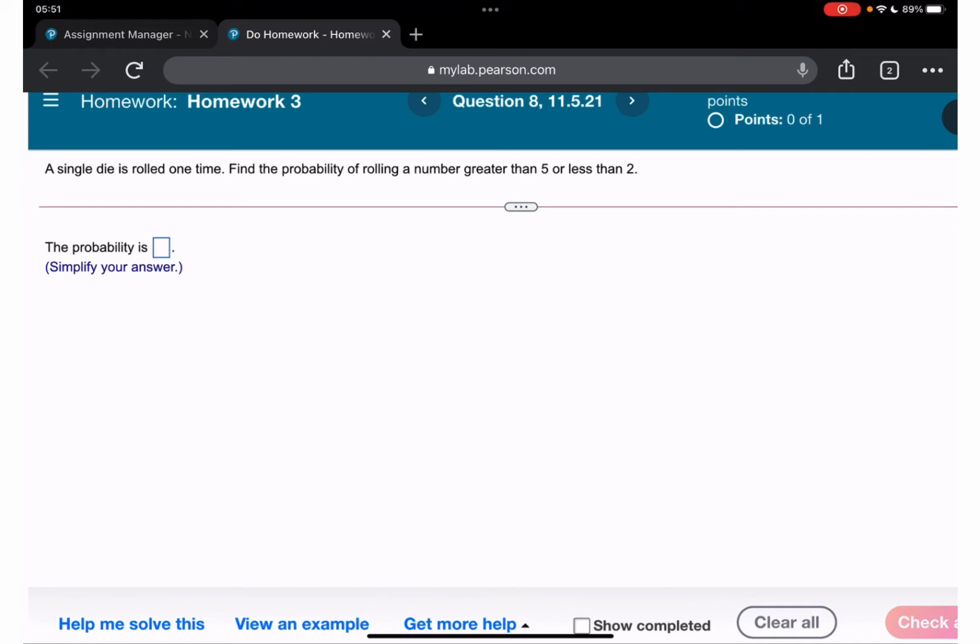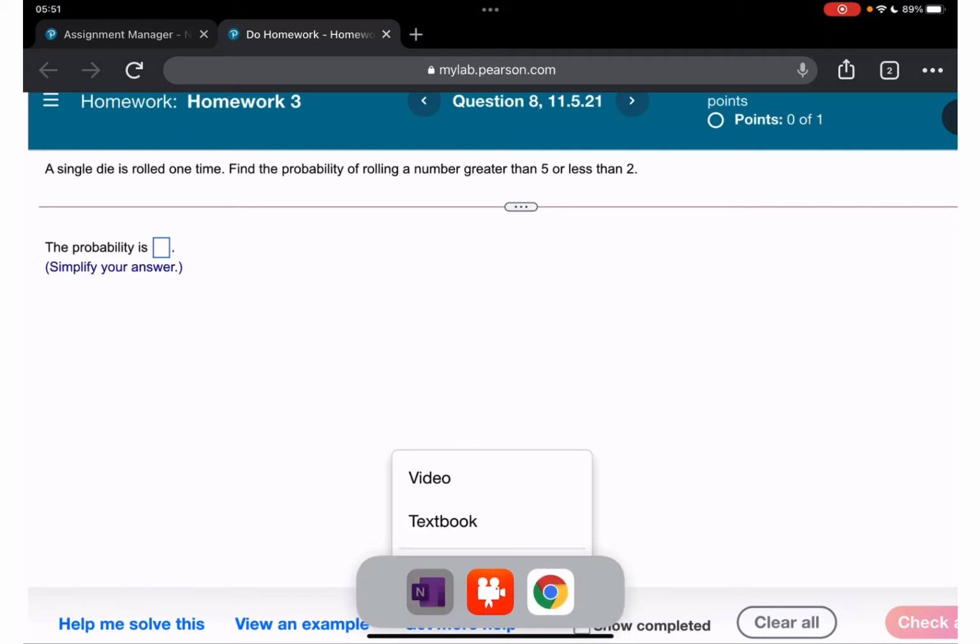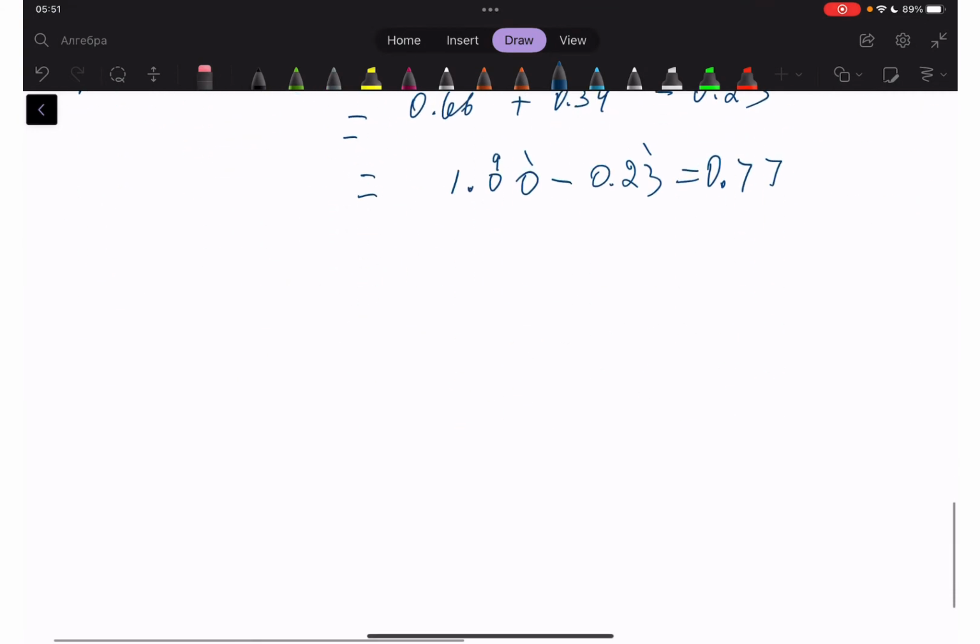Next question. A single die is rolled one time. Find the probability of rolling a number greater than 5 or less than 2. Okay. Number greater than 5 or less than 2. So let's write down number greater than 5 and this or number less than 2.